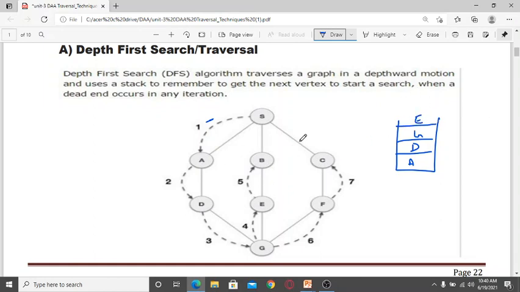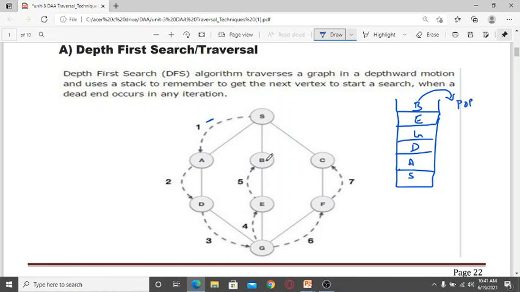Then from E to B. Is there any connection from B? B is connected to S, but we already have S here, so we need to pop this.